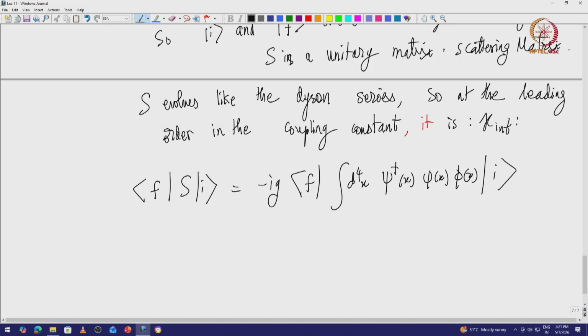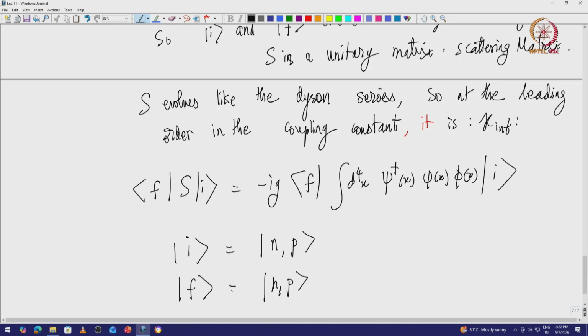Now for example, let's take pi pi scattering in lambda phi^4, or this is the Yukawa coupling. So, the initial states could be nucleons, neutron proton. The final states also could be neutron proton, and accordingly you can work this out at the leading order. You can actually calculate the neutron proton scattering cross section in this manner.